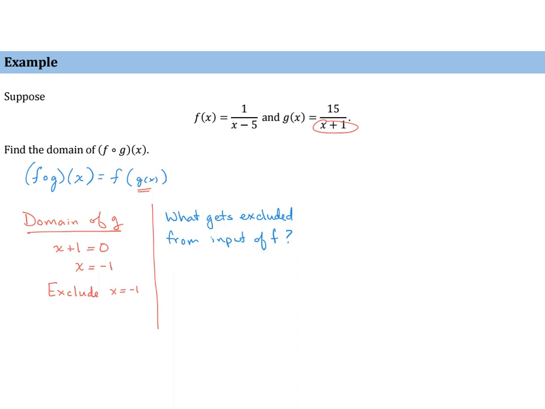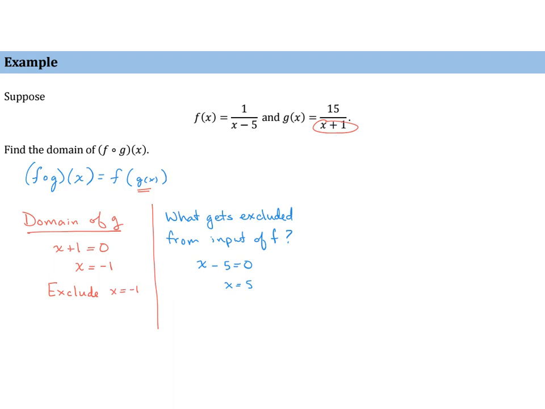In this situation, our denominator is x minus 5, and we don't want x minus 5 to be 0, so we have to exclude 5 as an input. But what does that mean? 5 is not the input for g, right?